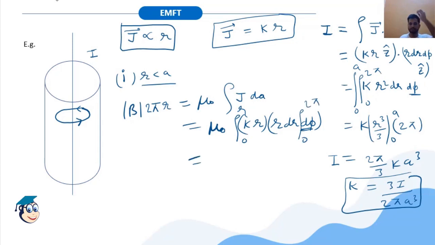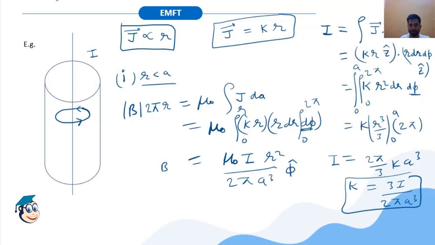After integrating this and putting the value of k, you can easily see that B magnetic field inside of the wire is mu naught I r square divided by 2 pi a cube, and its direction would be along phi cap.